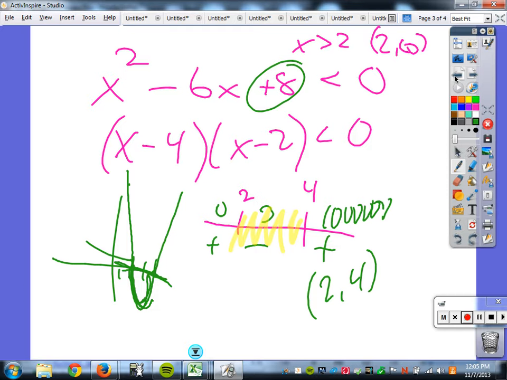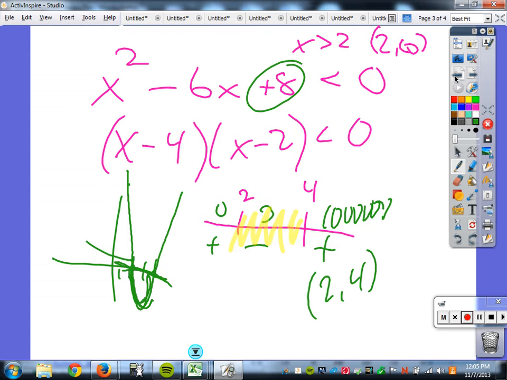If I was looking for the stuff greater than 0, that'd be this section of the graph and this section of the graph. So greater than would be negative infinity up to 2, union 4 to infinity. It's not in the domain because we have no y value.